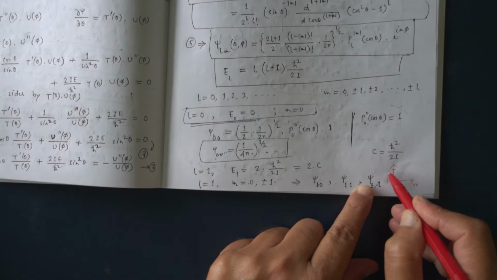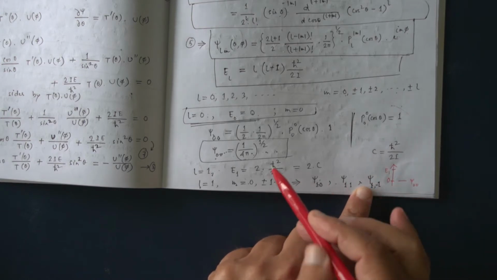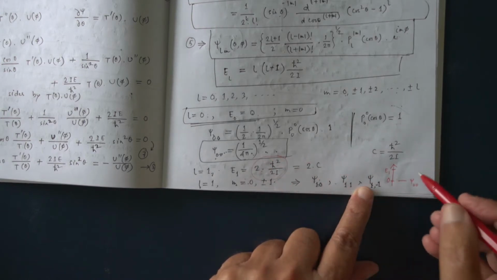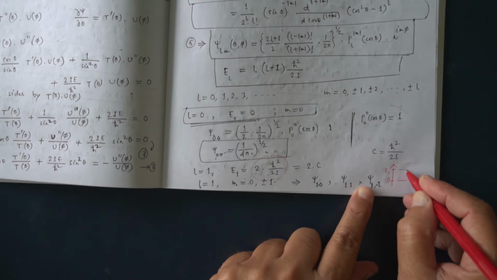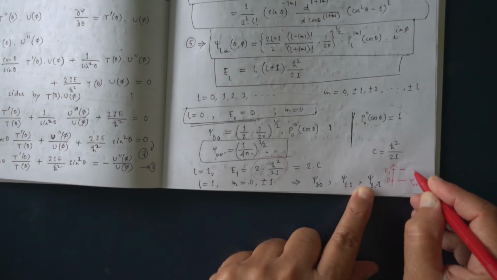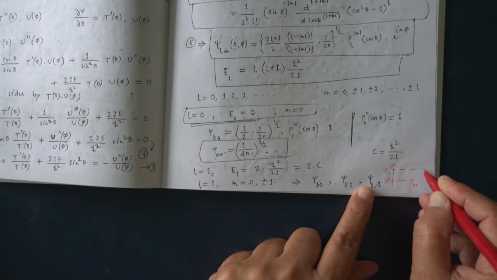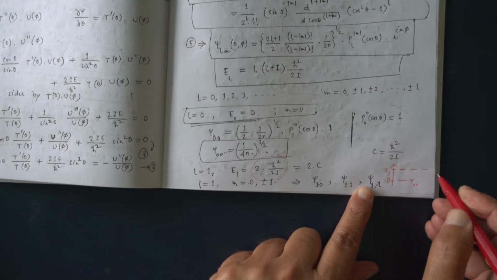When energy is E1, we have three wave functions: psi 1 1, psi 1 0, psi 1 minus 1.